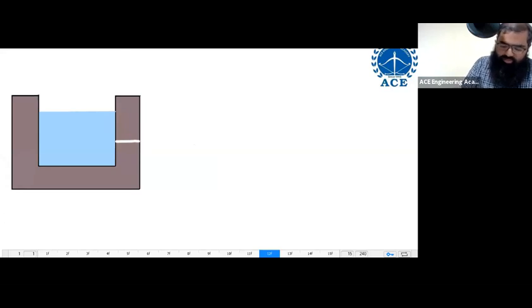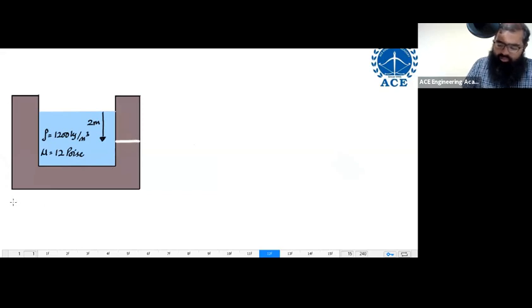Let us say the depth over here is equal to 2 meters. At 2 meters depth, the density of the fluid is, let us say, 1200 kg per meter cube. The viscosity is, let us say, 12 poise. A crack is developed.